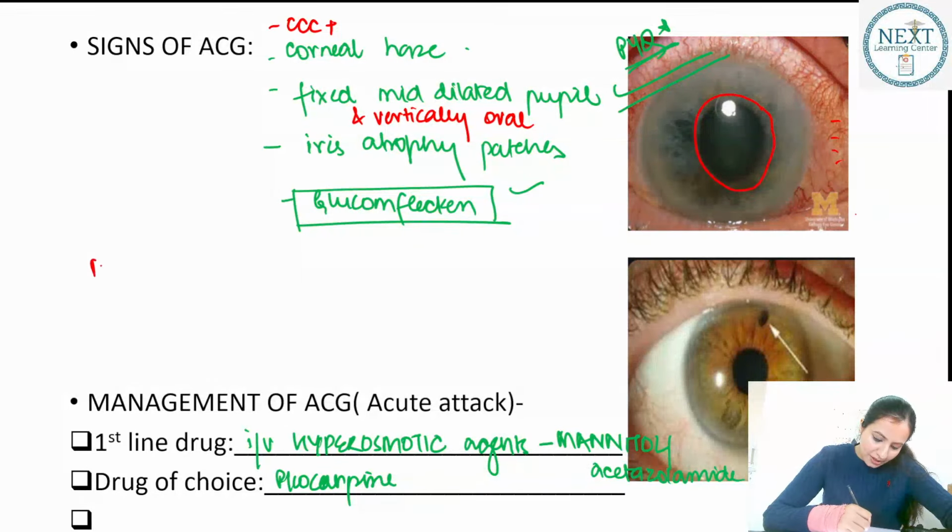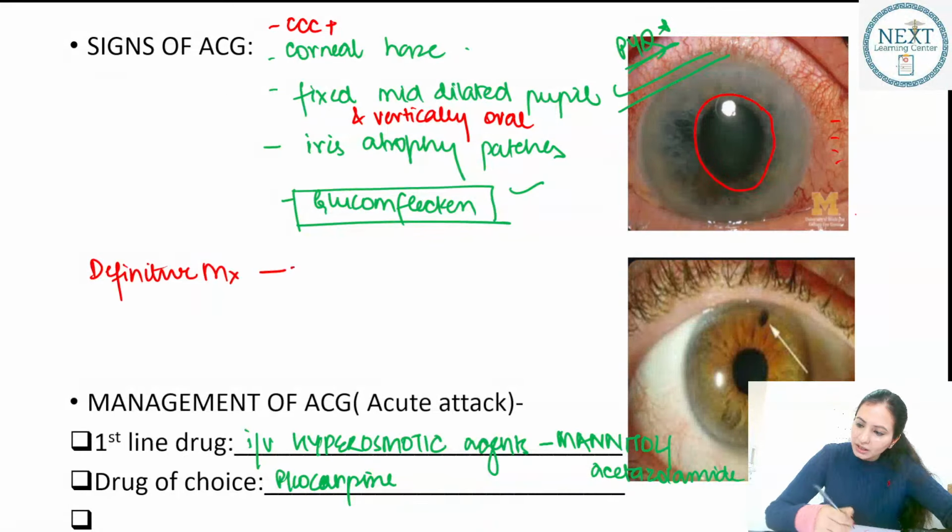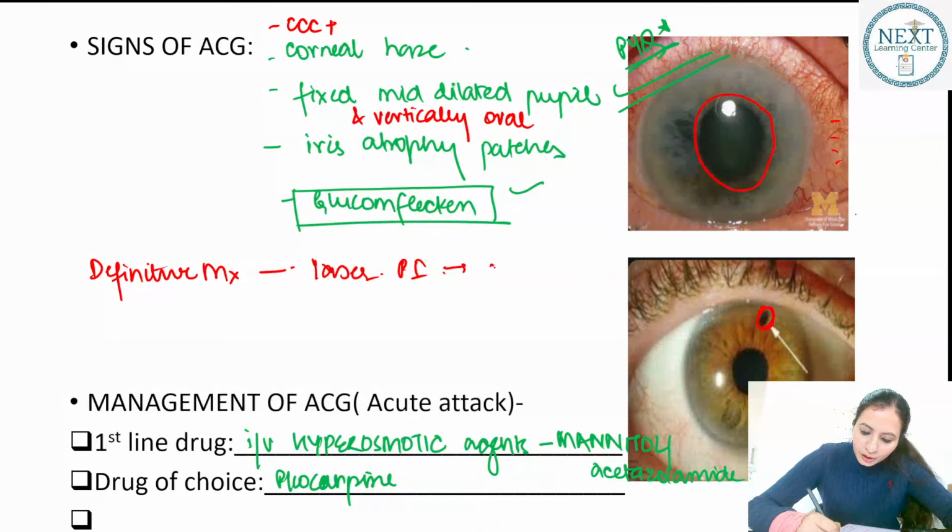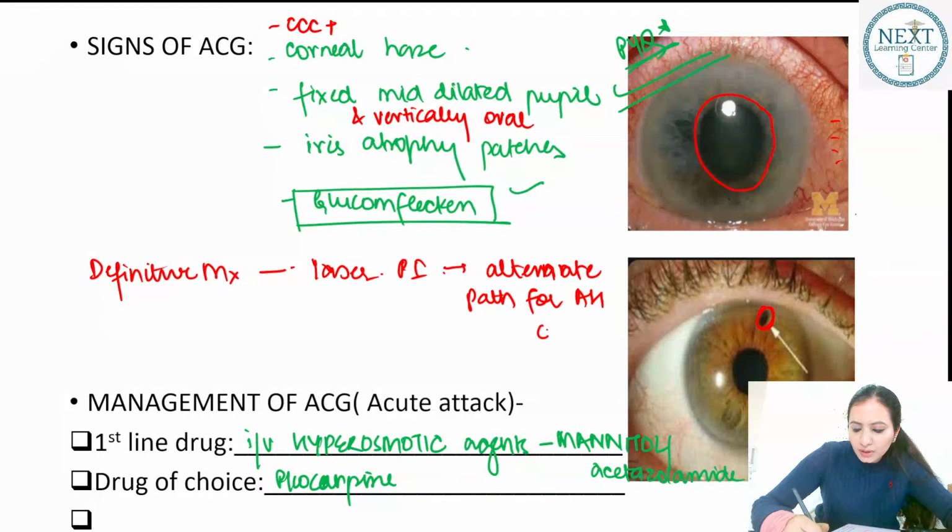So the moment you see circumcorneal congestion with such a pupil, your answer will be acute angle closure glaucoma. Then if you ask me the definitive management, that is going to be laser PI. You are doing the laser PI in the involved eye. What will it do? It will create an alternate path for aqueous humor outflow.